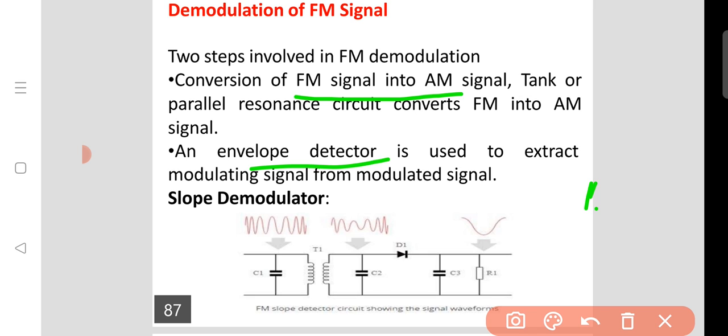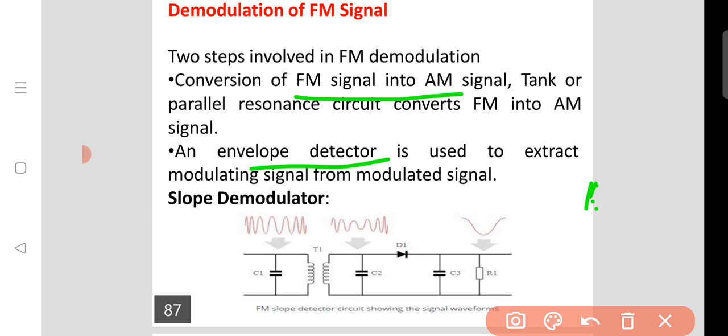So there must be a discrimination circuit to convert the FM to AM signal. Frequency discrimination means the input side is the frequency. In order to take that frequency value, we produce voltages accordingly, following variations in the frequency. That is the frequency discrimination.